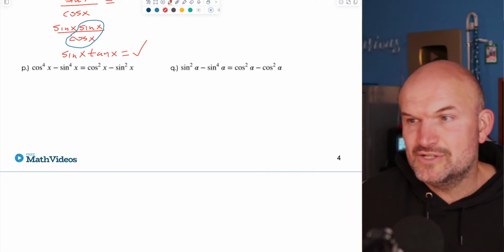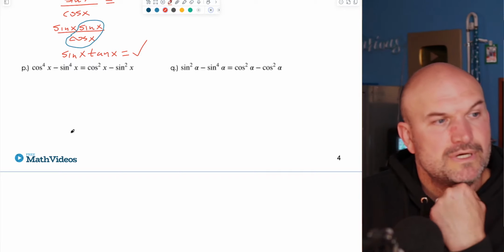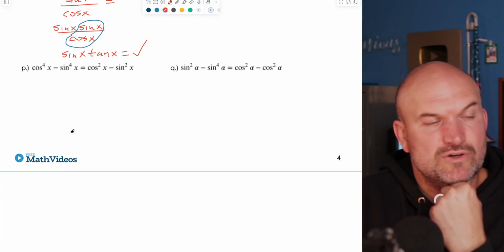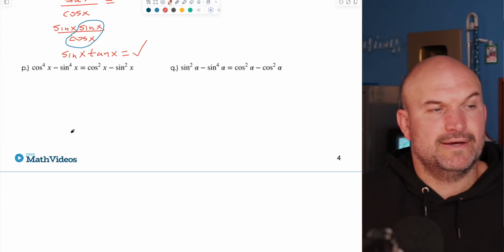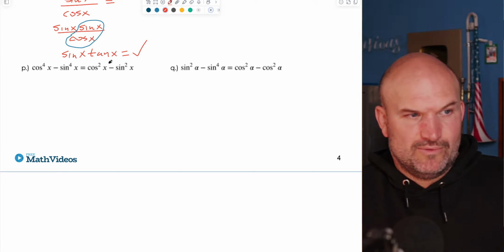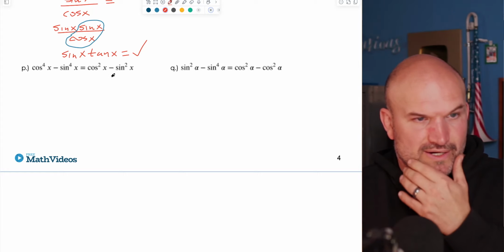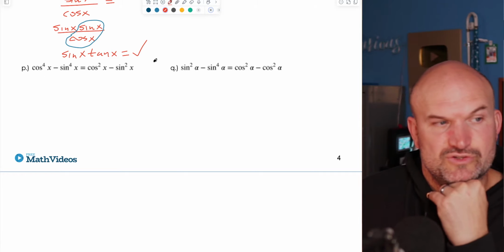All right, last 2 examples, ladies and gentlemen. So in this one we have cosine to the 4th minus sine squared. Okay, so if I have something to the 4th power and I want to break it down into something squared, one thing I can do here is apply the difference of 2 squares, right?